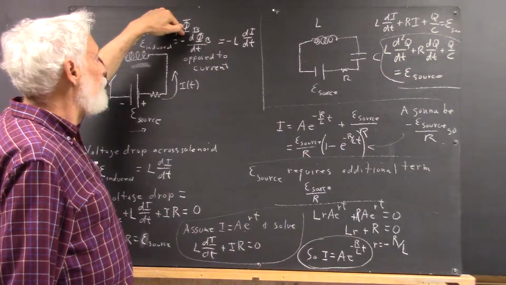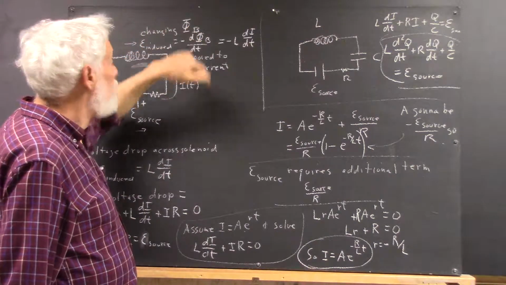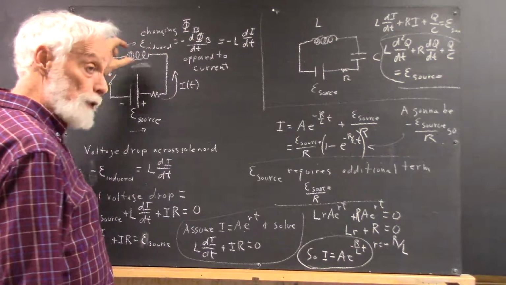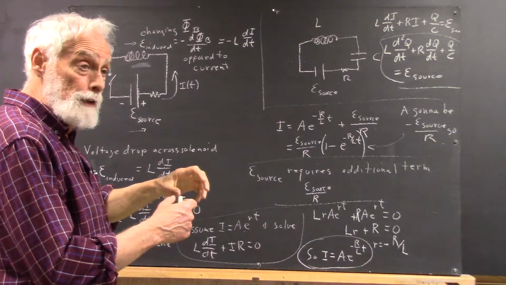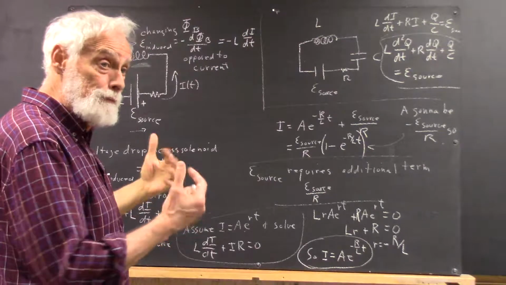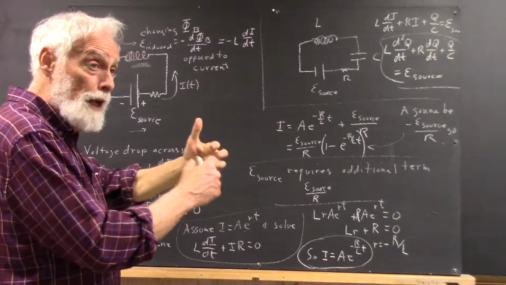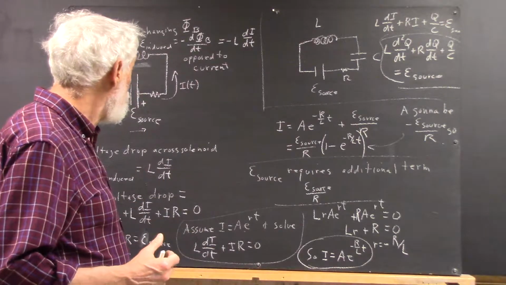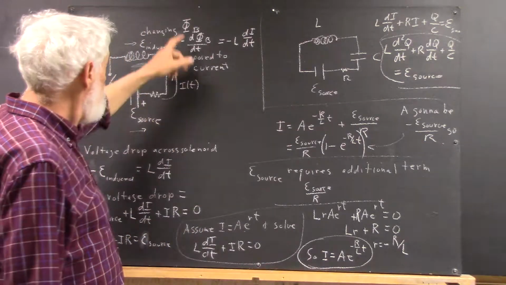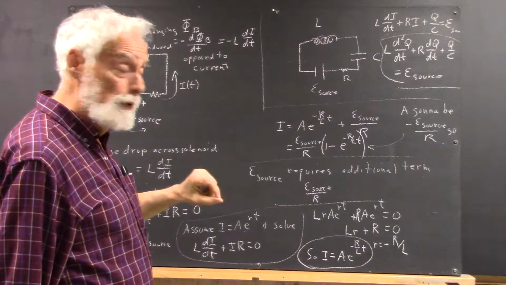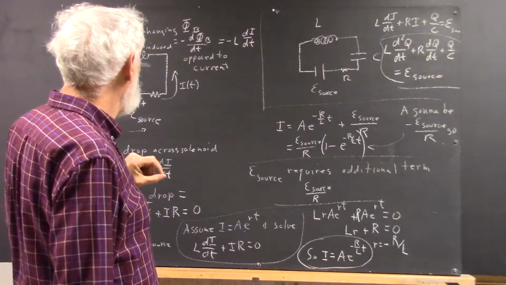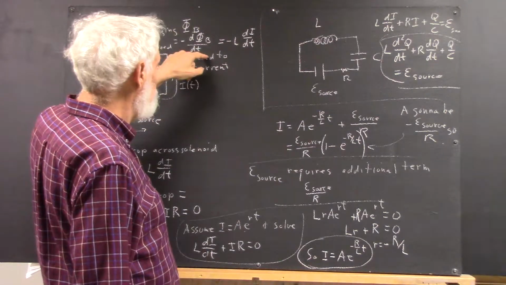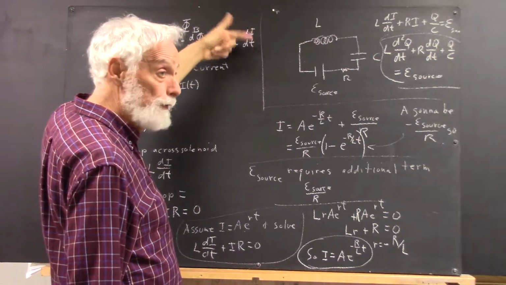Now, the magnetic flux depends on your current, because remember, the magnetic field is just proportional to your current: mu naught times I times N. If I doubles, so does your magnetic field. So this flux is proportional to the current, and the derivative of the flux is going to be proportional to the derivative of the current.